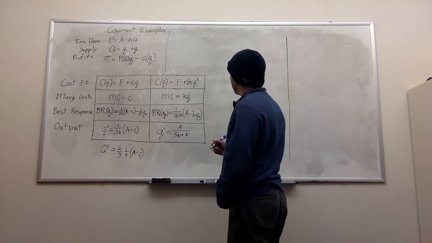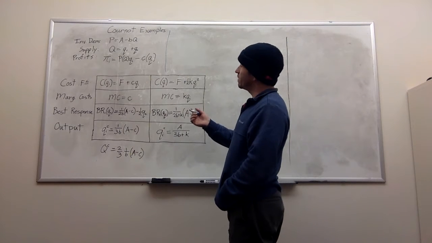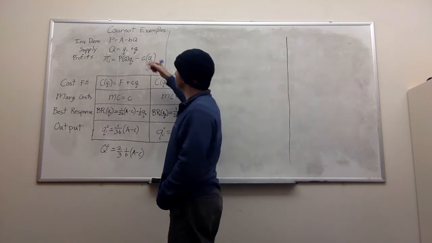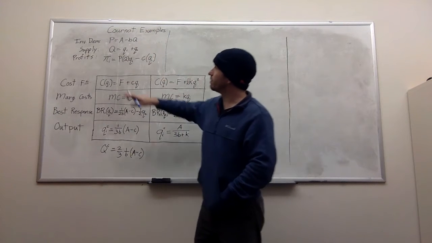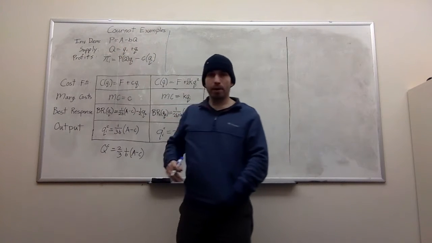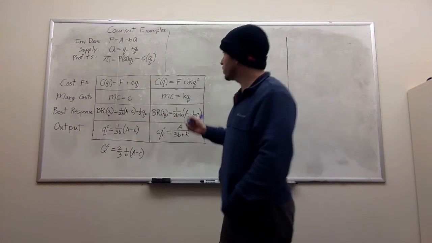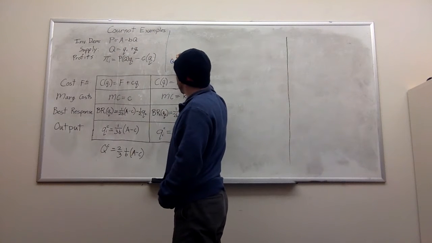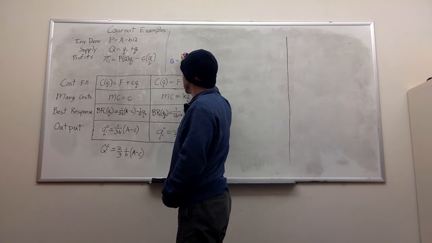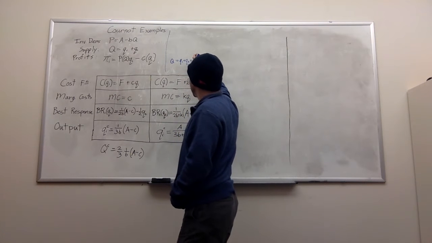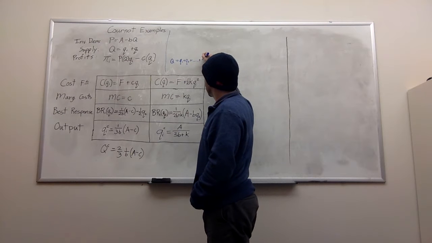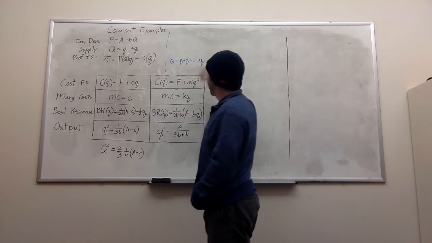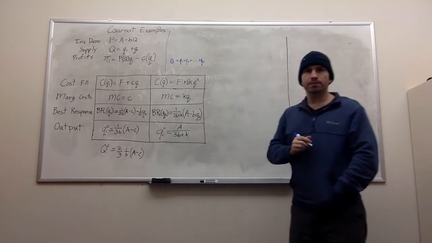So what's the main difference, right, coming off of this? We can still use this generic inverse demand function where Q is the total quantity being produced, but now we're going to be thinking about Q being equal to Q1 plus Q2 plus Q3, Q4, all the way up to Qn, whatever n is, right?